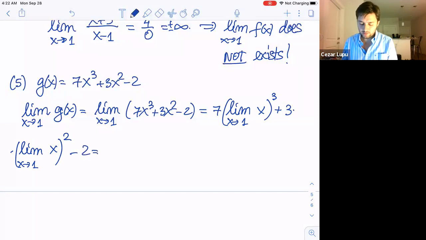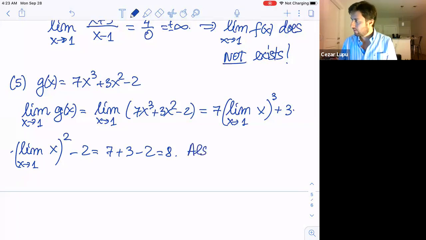So this is just 7 plus 3 minus 2, which gives us 8. So this is 8. If you also compute the value of g of 1, it is 8 as well.